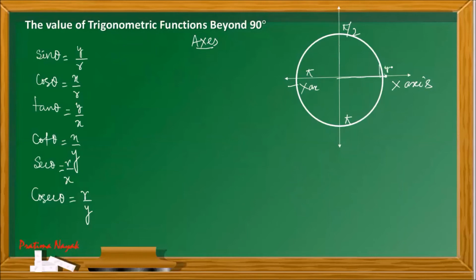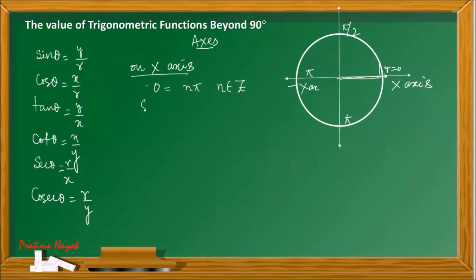Y is 0, only x is there. So wherever y is 0 on the x-axis, the value will be 0. On the x-axis the angle is n pi, a multiple of pi, where n is an integer, maybe negative, maybe positive.